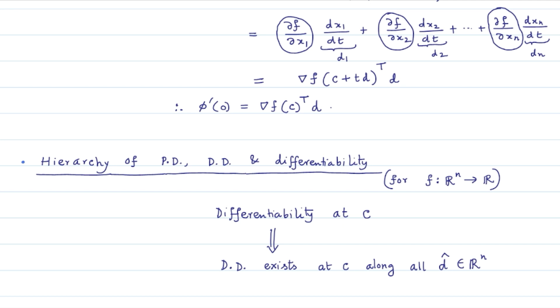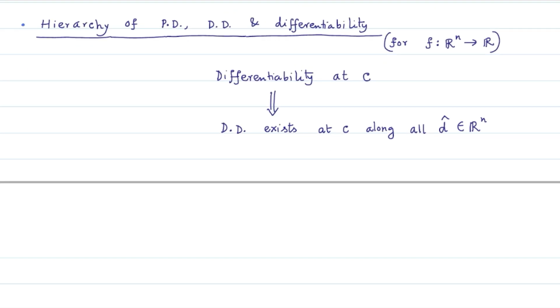In particular, if you choose d hat to be the jth unit vector of the standard basis of R^n, you will get that existence of directional derivatives along all d hats implies existence of partial derivatives at C with respect to all the variables of the function f.